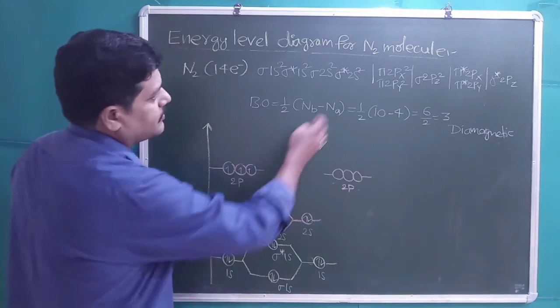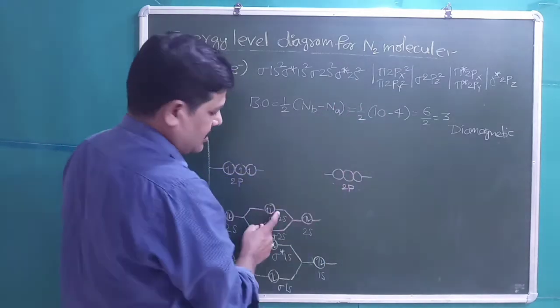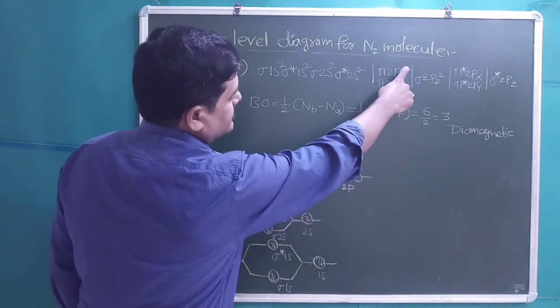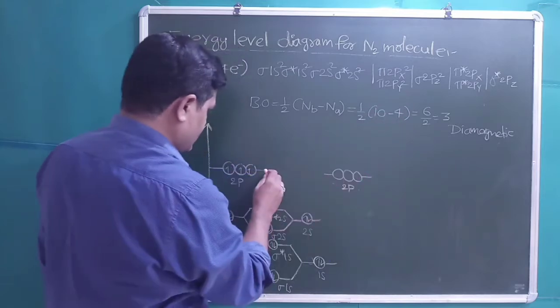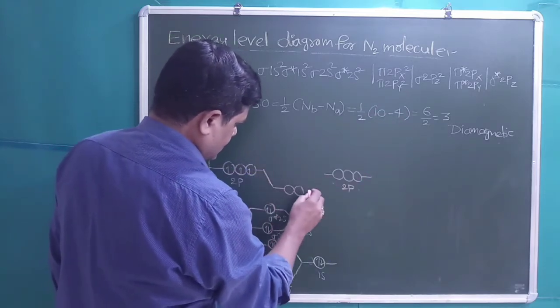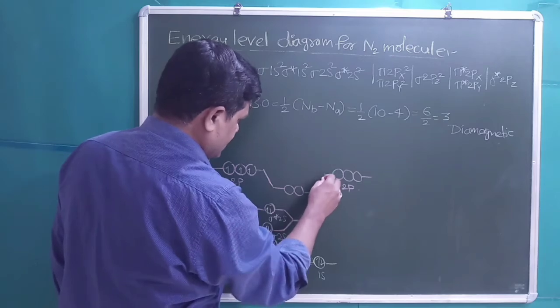After sigma star 2s come pi 2px2 and pi 2py2, two orbitals at this level.